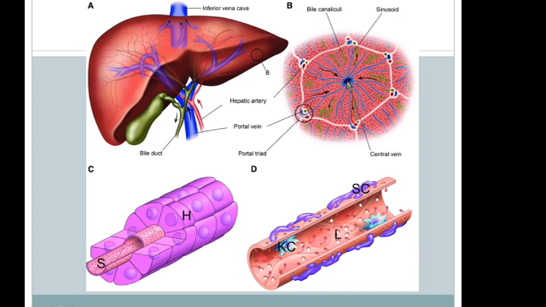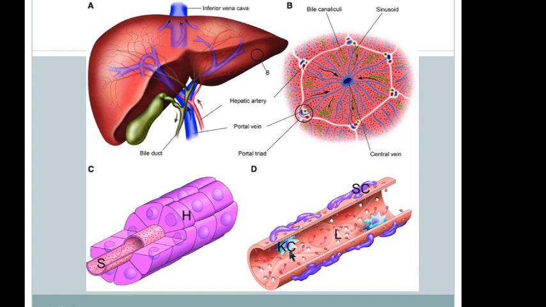This is the central vein, and these are the hepatocytes, arranged in rows from the central vein toward the portal triad. In between the hepatocytes there is a sinusoid. Here in this diagram you can appreciate the hepatocytes, and the sinusoid arranged in between them. These sinusoids are lined by epithelial cells, and the sinusoid contains the Kupffer cells, which are a part of the reticuloendothelial system, and their role is phagocytosis.